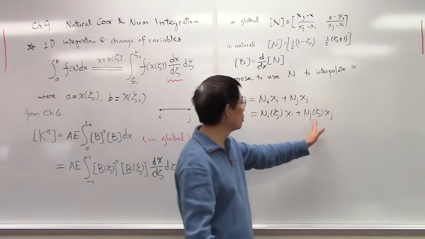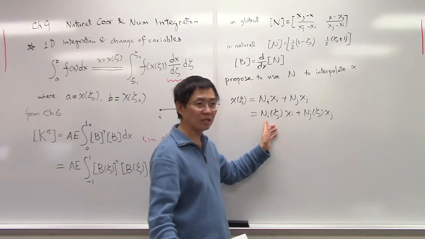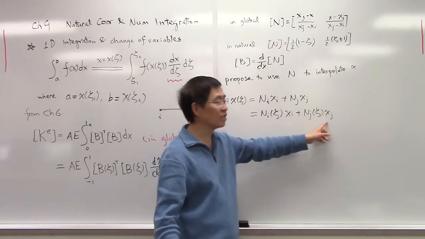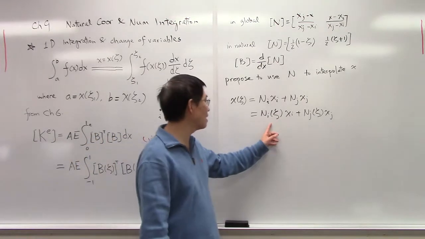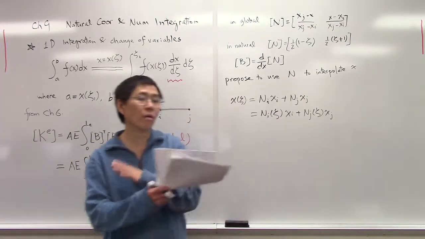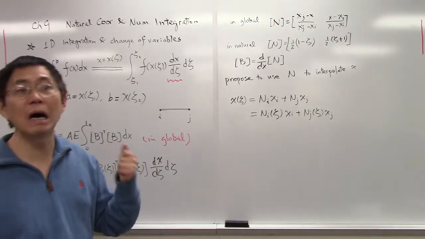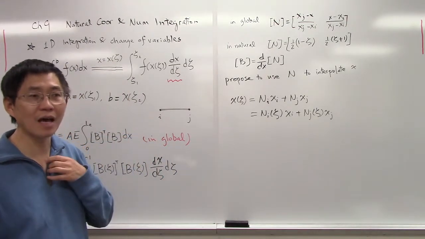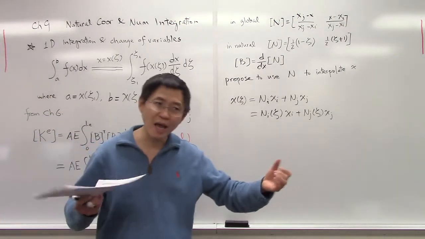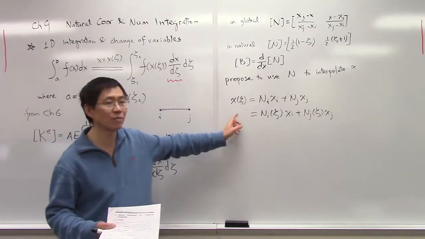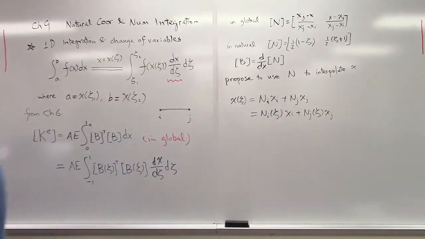On the right node, this shape function is 1. This shape function is 0. So x recovers xj as it should be. In between, because this is a linear function and another linear function, all linear functions, a bunch of them added together is still a linear function. So it is guaranteed that from the left end to the right end it is changing linearly, and the two end positions are correct. So these must be correct. Okay? So this is a very useful formula.